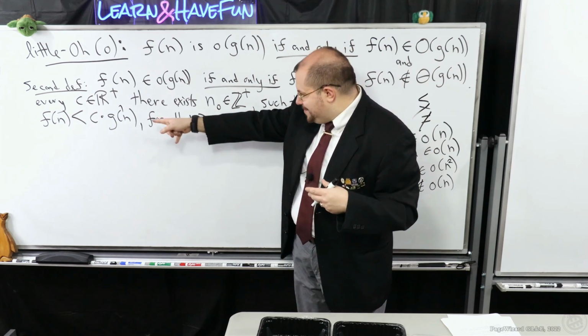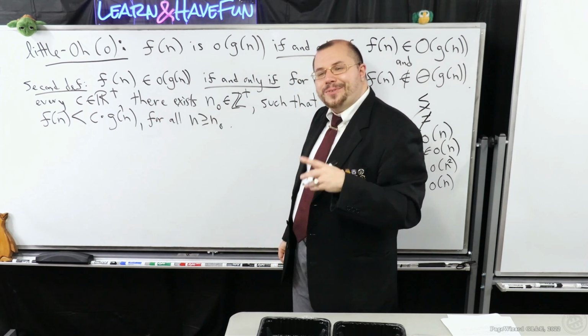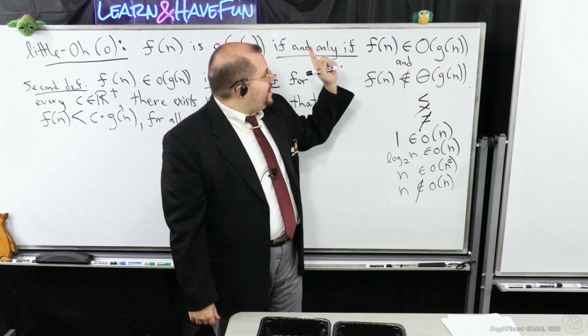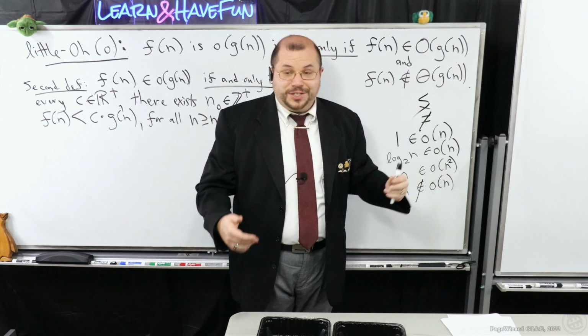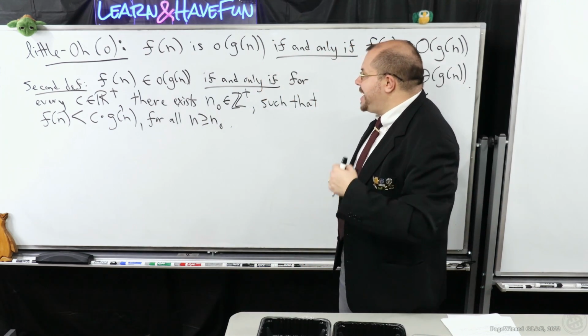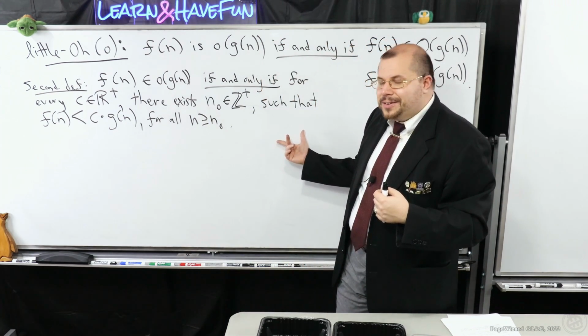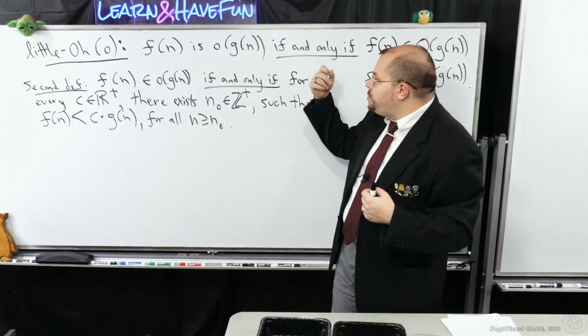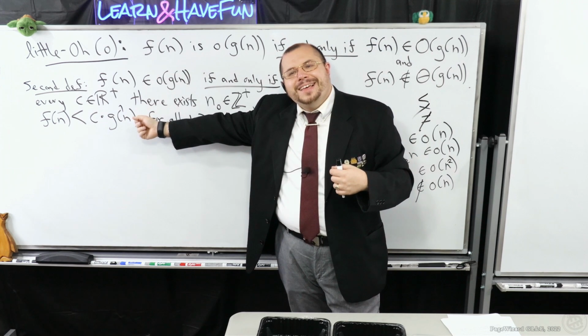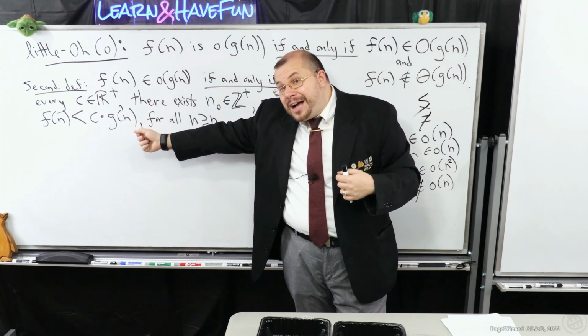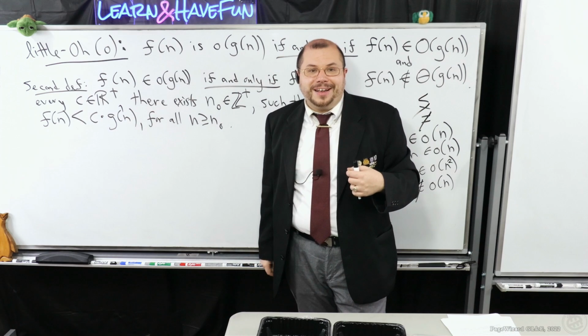Well, the inequality changed a little bit. So remember what I said. You have to prove that it's big O of the thing. So f is big O of g. You can see that there are elements of that in here, right? If you were to show me this worked for every positive real constant, that definitely covers there being a positive real constant, right?